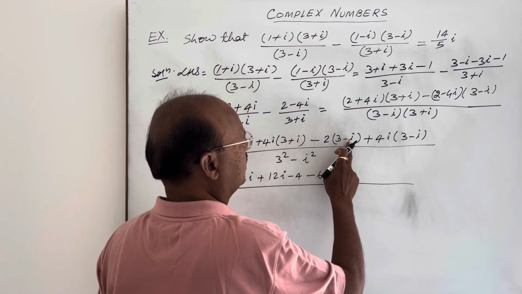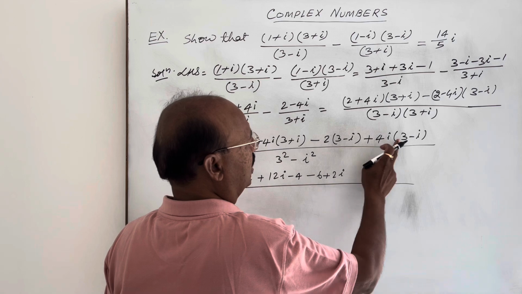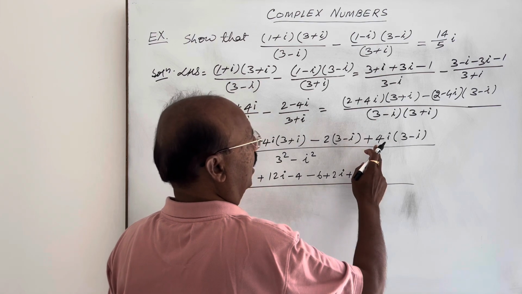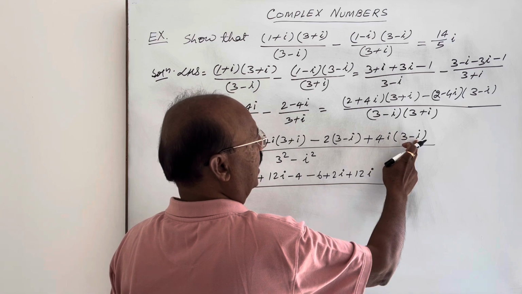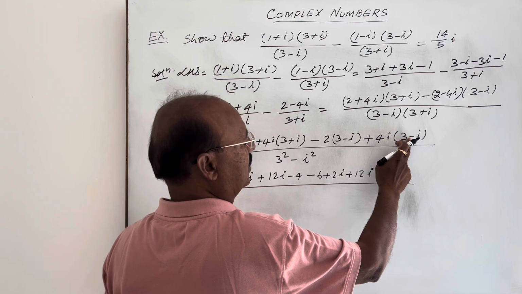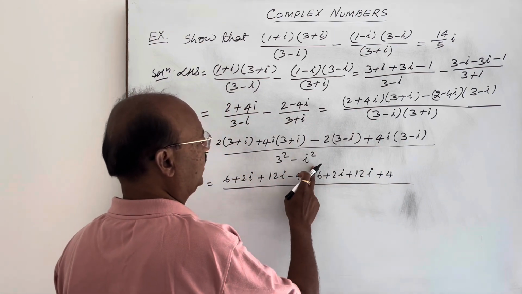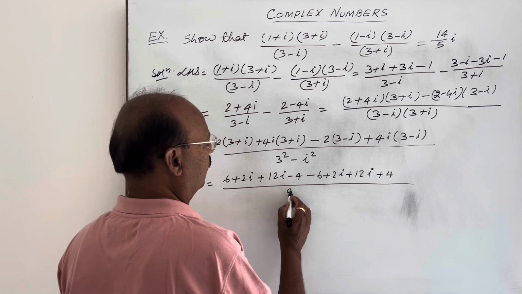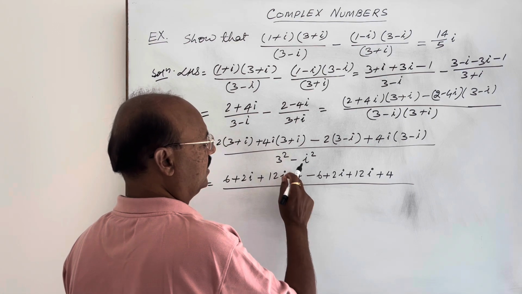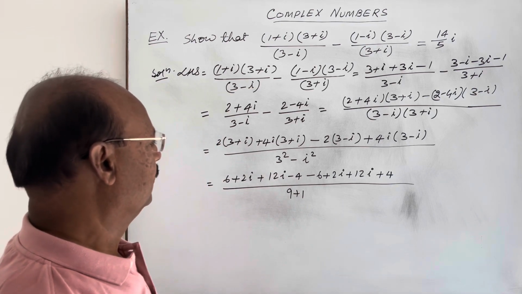Minus 2 into minus i is plus 2i. 4i into 3 is 12i. And i into i, that is i square, is equal to minus 1, and this minus plus 1, so simply plus 4 here. And in denominator, this is 9, and i square is minus 1, one more minus is here, so this is plus 1, correct?